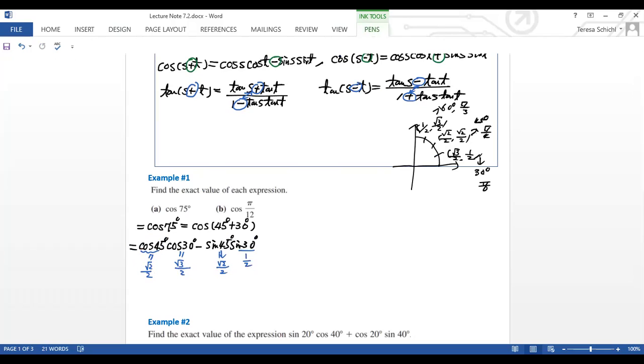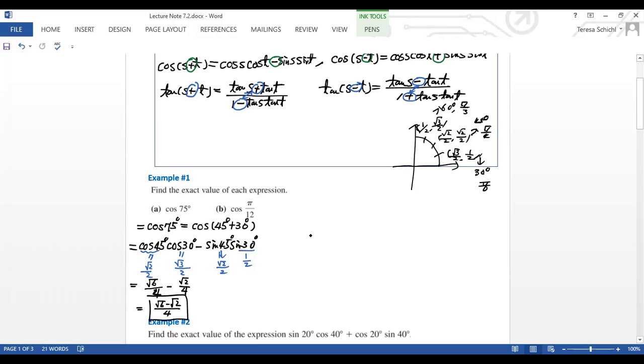So this is square root of 2 over 2 times square root of 3 over 2, which is square root of 6 over 4, minus 2 times 2 is 4, the square root of 2. So the answer is square root of 6 minus square root of 2, all over 4.